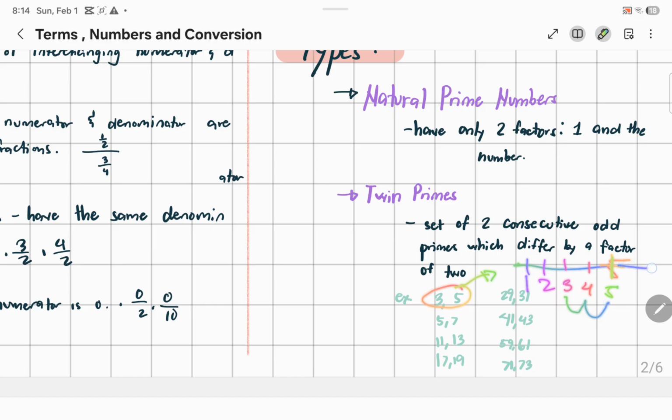Now, if we extend this number system, we add 6 and 7. 5 and 7 are prime numbers and they differ by 2 as well. And so are 11 and 13, 17 and 19. So these are twin primes.